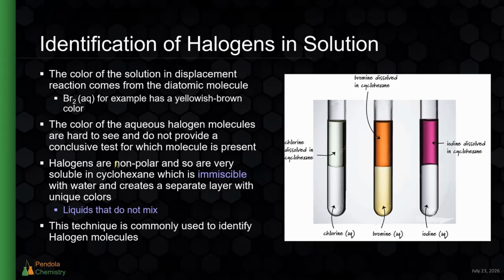Now, cyclohexane is something that we will talk a lot more about once we get into organic chemistry, but cyclohexane is also non-polar like the halogens, meaning that cyclohexane and the halogens are very soluble in each other. The halogens will easily dissolve in cyclohexane because, as we already studied, remember, like dissolves like, similar compounds will dissolve each other. And because both the halogens and the cyclohexane are nonpolar, they'll dissolve in each other.